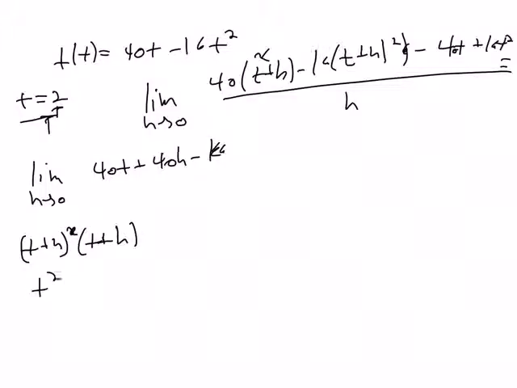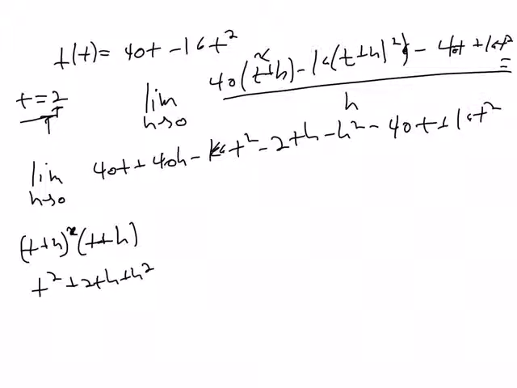So this is t squared plus 2th plus h squared, so minus 16t squared minus 32th minus 16h squared, minus 40t, plus 16t squared, right?